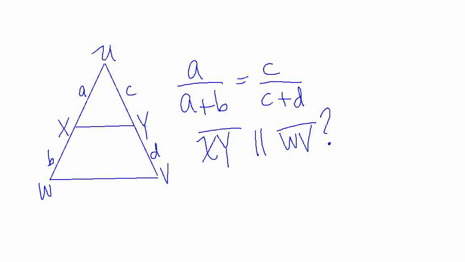And we can also take it as established that the angles in between those sides, the angles of the two triangles, are congruent because both of those triangles have angle U in common. So by the SAS theorem, we can state with certainty that the little triangle and the big triangle are similar.